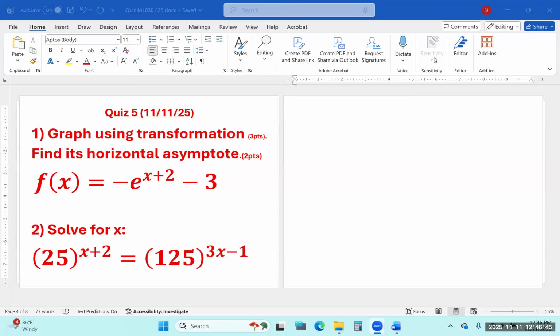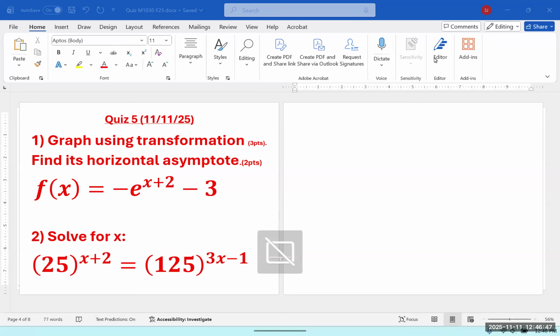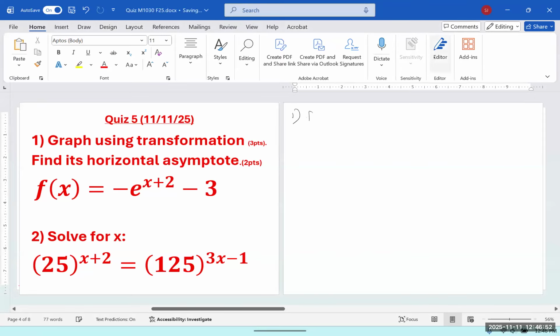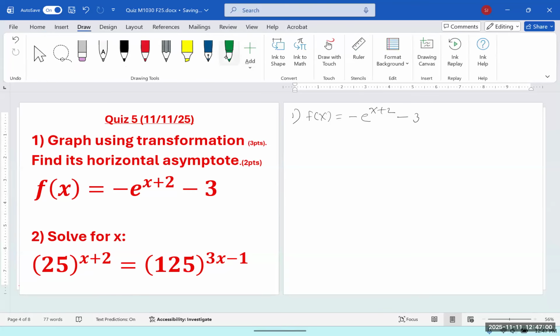Okay, the first question, asking for transformation. Question number 1, we have f of x equals negative e to the power x plus 2 minus 3. Negative means what? Reflection.